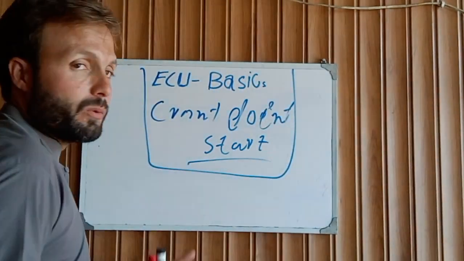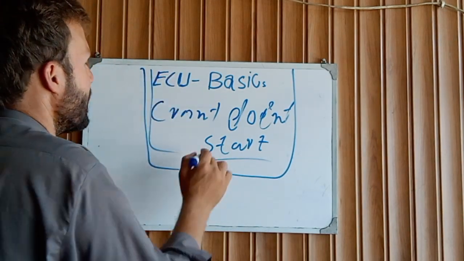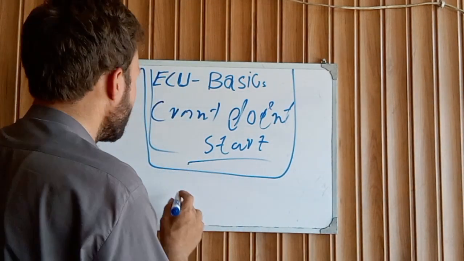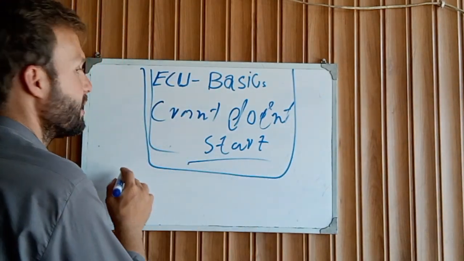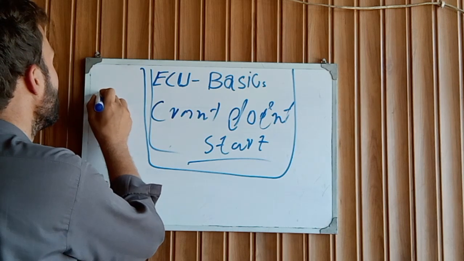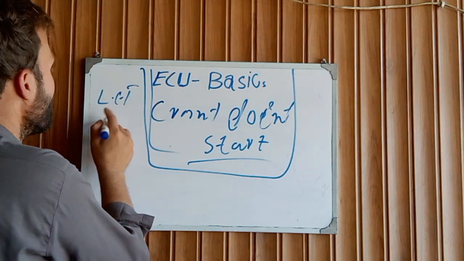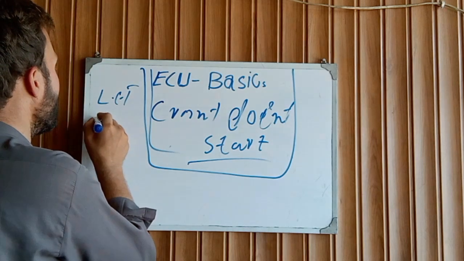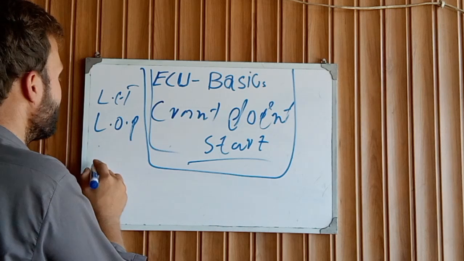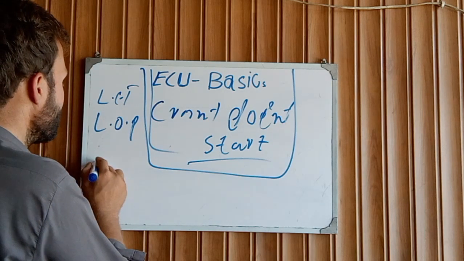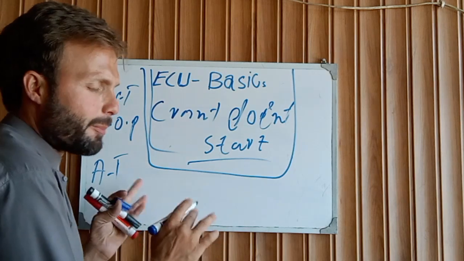when you are working on an engine which has an ECM, an engine control system, this engine has a lot of sensors, like a low coolant temperature sensor, or for example low oil pressure, or an atmospheric pressure sensor.